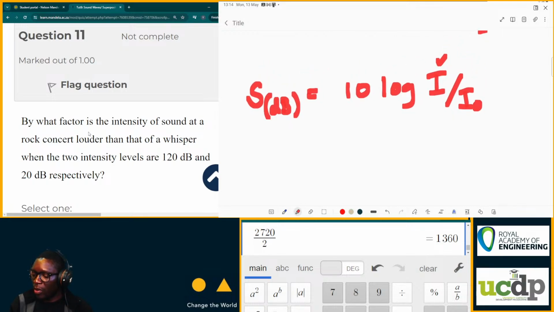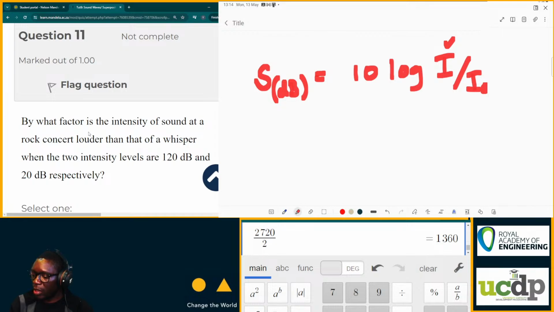So one way to look at it is to say, let's say the I for the rock concert, we'll call it IR, and I for the whisper, we'll call it IW. So we want the ratio of IR to IW.